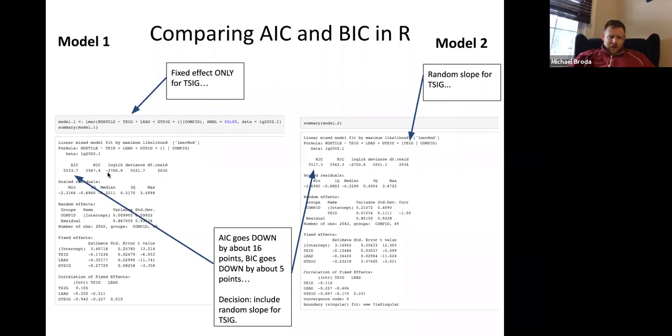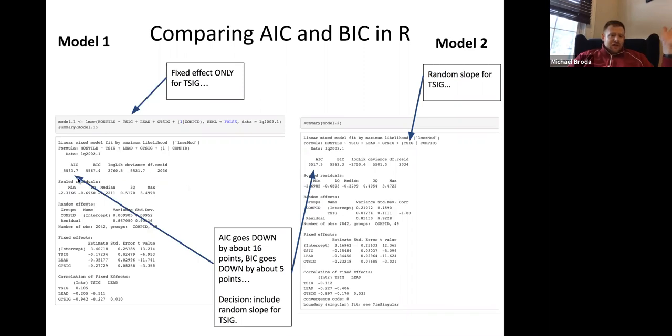And just a little more info here. So the log likelihood here, this is actually that value that you start with to calculate AIC and BIC. Remember, it's -2 times the natural log of the maximized likelihood. So it would actually be -2 times this thing, times log likelihood. Plus, if we're doing AIC, 2 times the number of parameters.